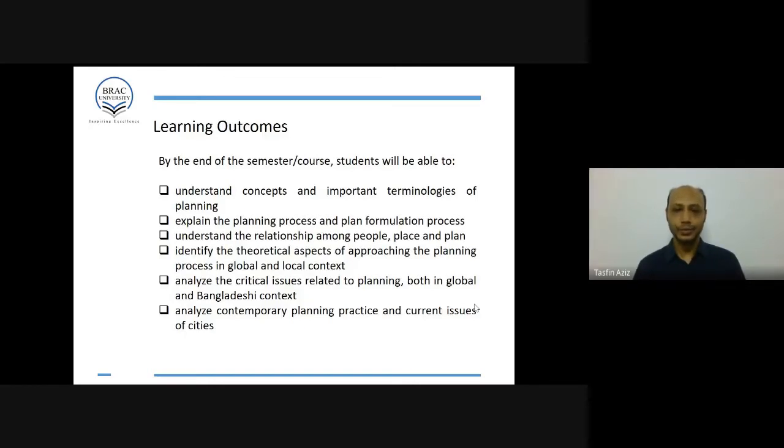Then students will be able to explain the planning processes and plan formulation processes. Then you will be understanding the relationship among people, place, and plan. You will also identify the theoretical aspects of approaching the planning process in global and local contexts.